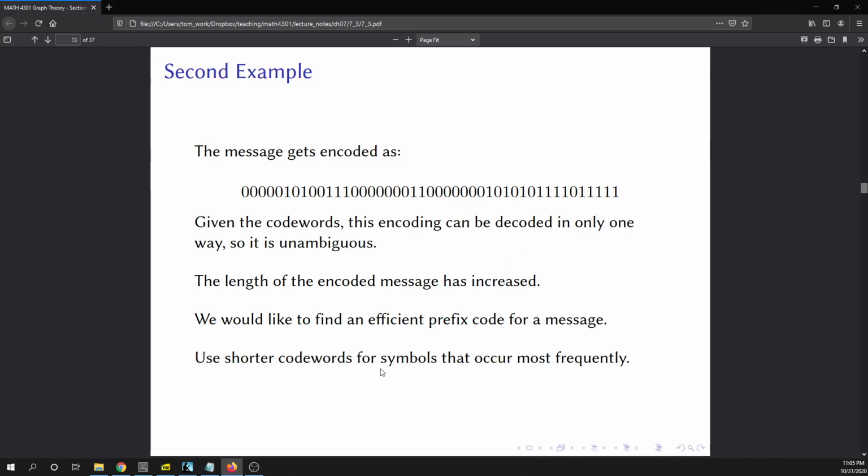The idea is to use shorter code words for symbols that occur most frequently. So if you have a character that occurs many times within the message, then you can just use a shorter code word for that, and that will save you some symbols.